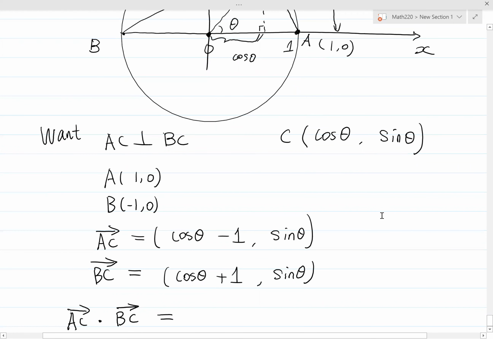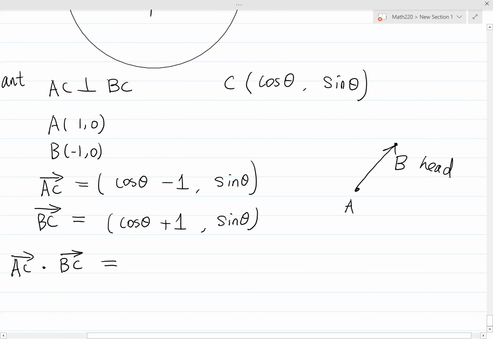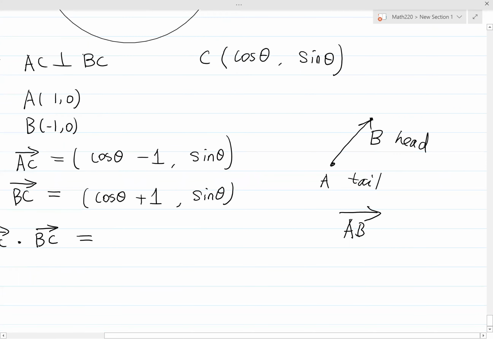Suppose you have a vector from B to A. This is the head and this is the tail. If you write AB, the right side letter is the tail and the left side is the head. Does that make sense? Yes, thank you, Professor.